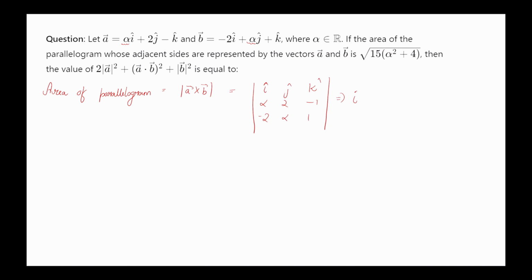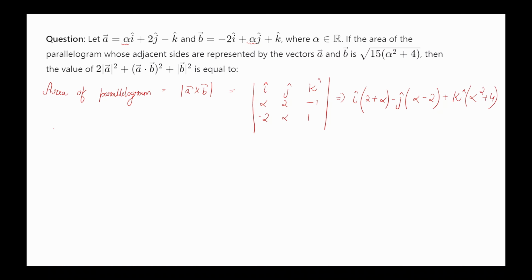So if I try to solve this, I would have i cap (2 plus alpha) minus j cap (alpha minus 2) plus k cap, and here I would have alpha square plus 4. So this is my A vector cross B vector.